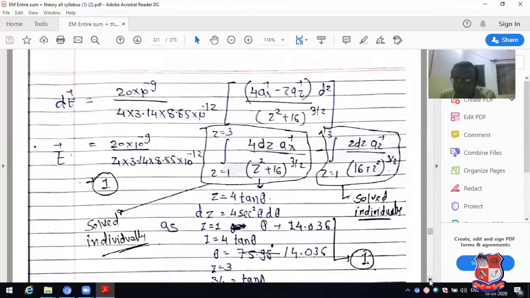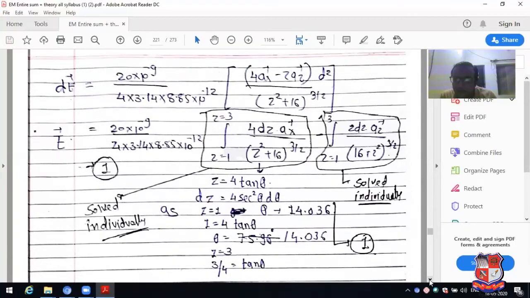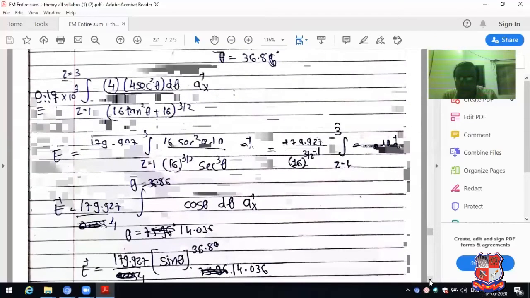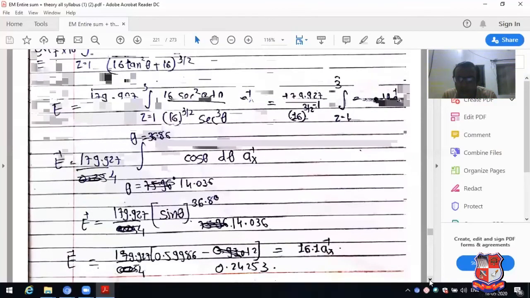Now if you take the integration, for the first term z dz aX divided by (z square plus 16) raised to 3 by 2, minus, from z equal to 1 to 3, z dz aZ divided by (16 plus z square) raised to 3 by 2. Put z equal to 4 tan theta, so dz equals 4 sec square theta d theta. Here we can say theta equals 36.86 degree and theta equals 74.036 degree.